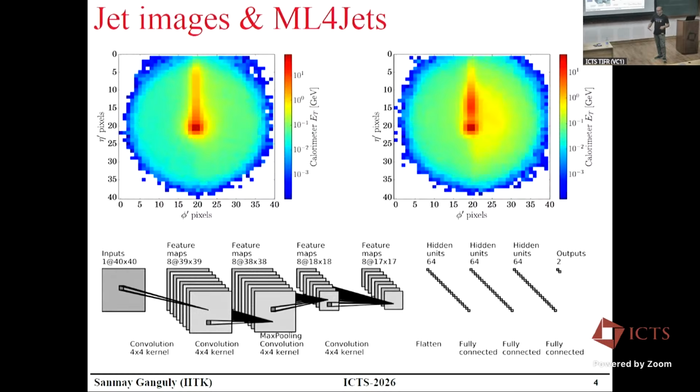Then you take a large ensemble of such jets, do a pre-processing, and take the average of the image. You can see from the pixel values that the hardest particle lies at the center, and the other particles lie in a circular region in the eta-phi plane. Whereas when you look at a hadronic decay of a W jet, apart from the center, there is a secondary maximum, which clearly shows that there is a two-pronged structure.